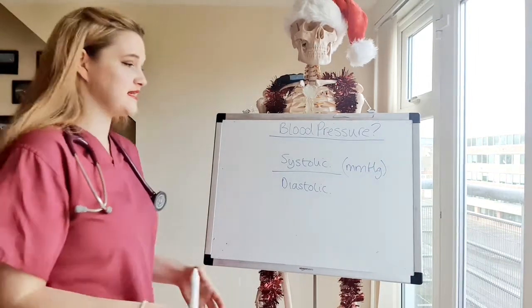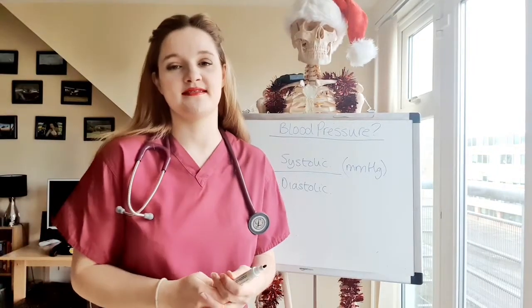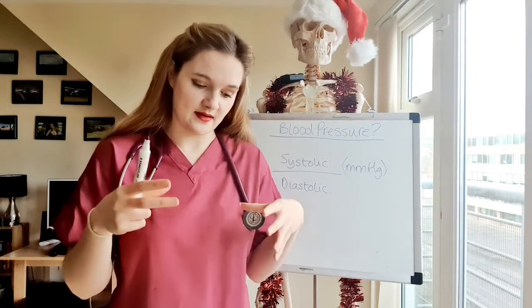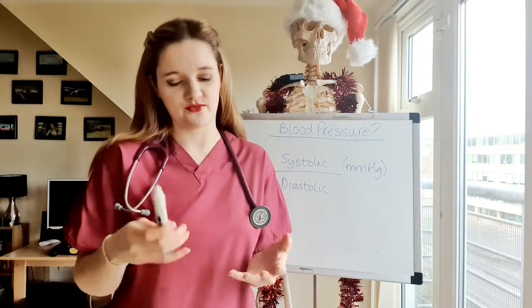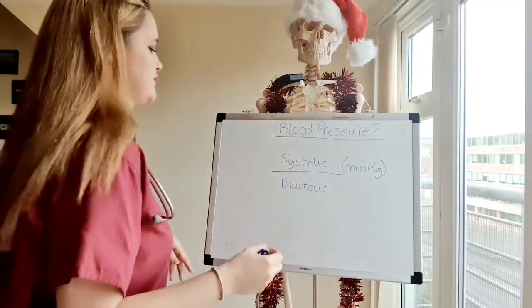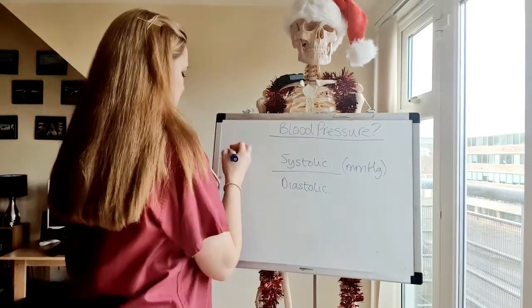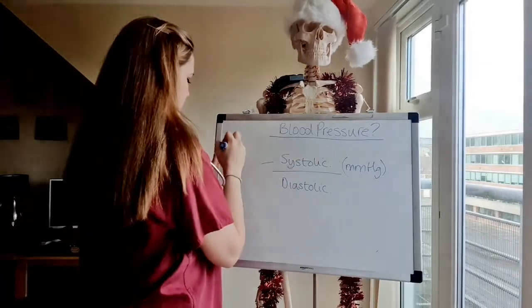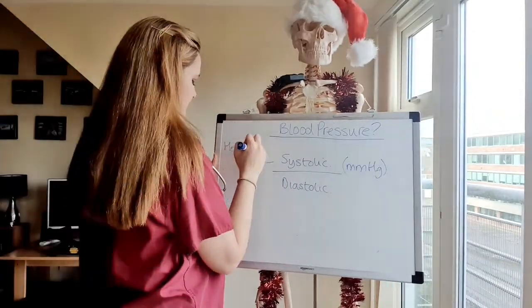So what actually is blood pressure? Blood pressure is the pressure of circulating blood against the walls of your blood vessels, so your arteries and your veins, mainly your arteries. So that's what that means. And systolic is your heart pumping blood out, so the pressure of that.